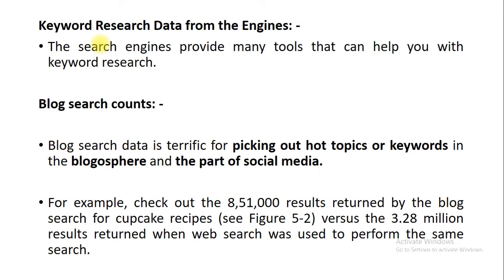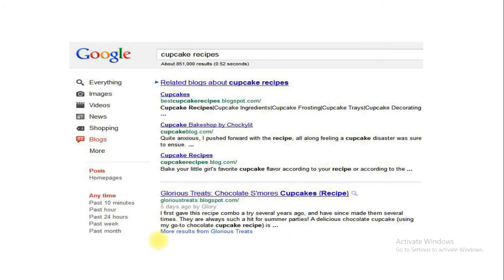But when you are working with the web, there are a lot of changes in the result. You can see that this particular blog result contains approximately 8 plus lakh results, whereas compared with the web search, people searching on the internet for a cake recipe would get 3.28 million results. So you can compare like this.